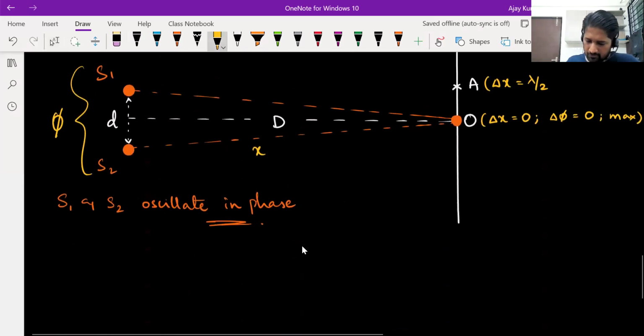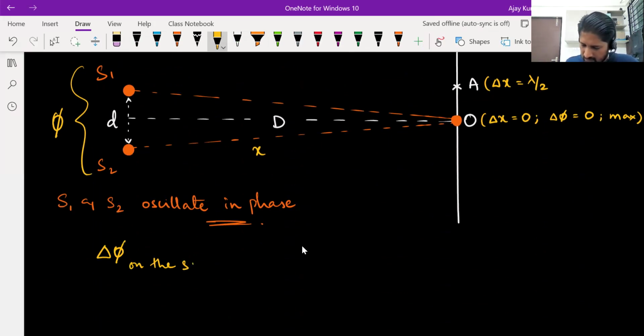So the general formula for phase difference at a point on the screen will be path difference divided by lambda into 2 pi. Remember this is only when the sources are in phase with each other.